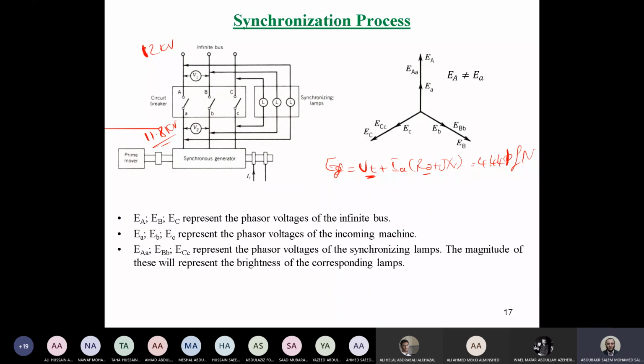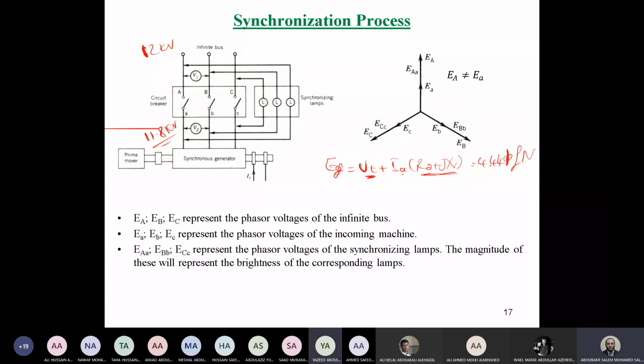Here we have a synchronous machine, which is a generator, and it will be connected to the grid. It's not logical to add resistance just to increase or control the voltage, because we cannot increase the voltage by adding resistance anyway. So R and X, the parameters, cannot be changed.